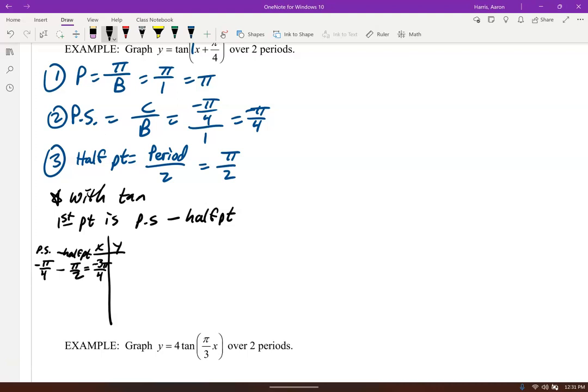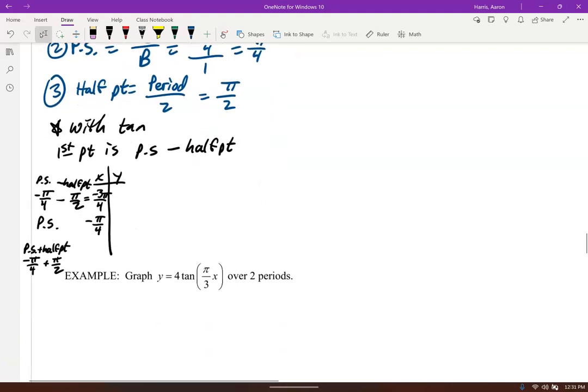Then my next point I want to be the phase shift. That's my next point. This will give me my intercept. Okay. And then I'll go up incrementally. So phase shift plus half point. So negative pi fourths plus pi halves. So negative pi fourths plus 2 pi fourths is just pi fourths.